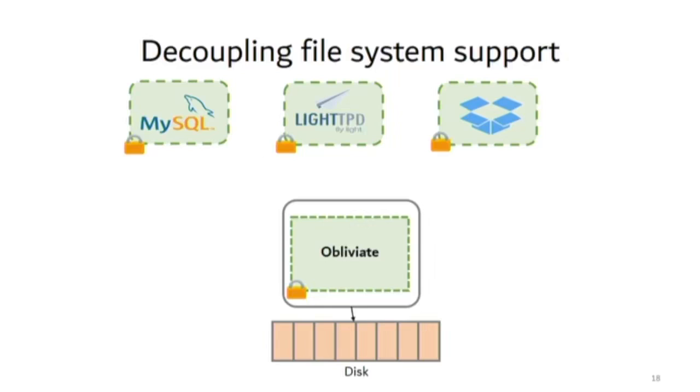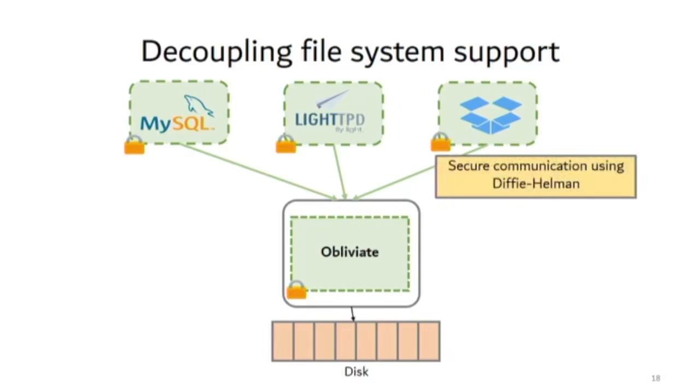We're trying to follow the same model, and we have a bunch of different enclave applications over here. All these enclave applications are going to connect to one single central point. Obviously we have to ensure this is a secure communication, which can be ensured between enclaves using Diffie-Hellman.